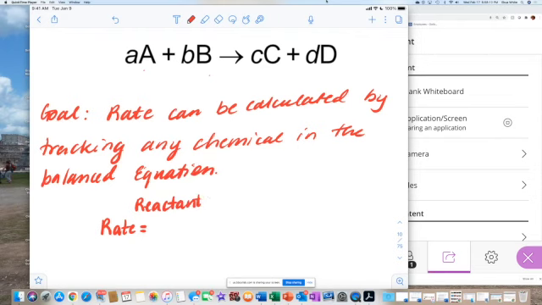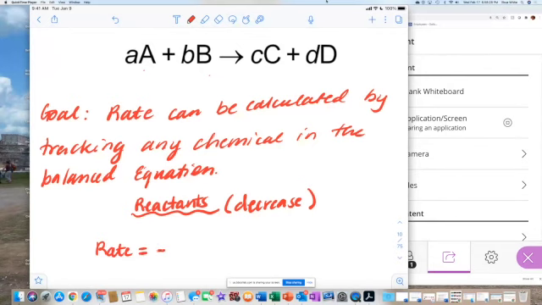For my reactants in the balanced equation, my rate is, remember reactants, I'm going to write here to remind myself, decrease, therefore negative. The rate here will be rate equal negative, right? Because of the decrease part. You put in negative for decrease.